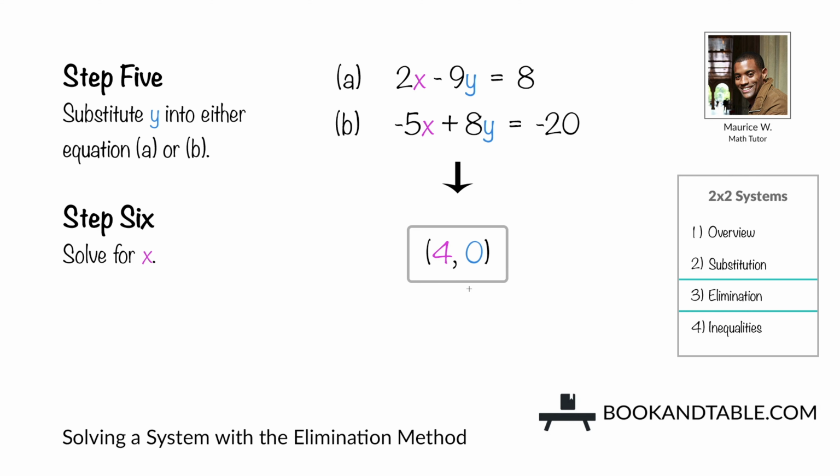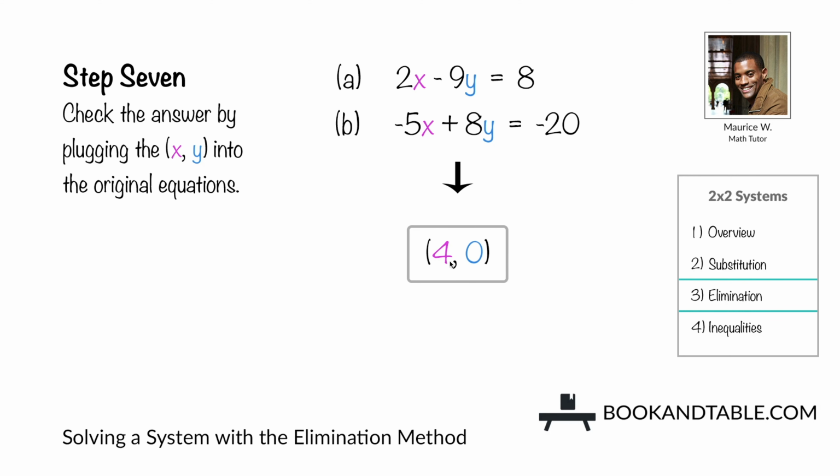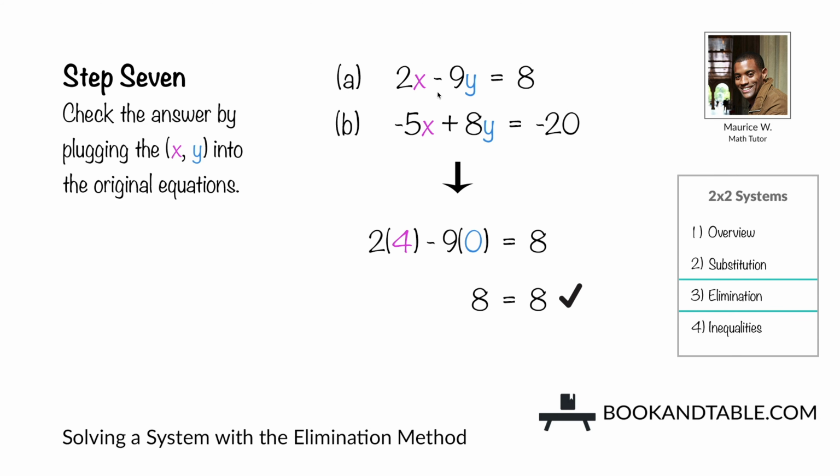And now you can check the answer by plugging the x and y into the original equations to confirm that x is equal to 4 and y is equal to 0 in both equations. Starting with equation A, 2 times 4 is equal to 8, minus 9 times 0, which is 0, is equal to 8. 8 is equal to 8 confirms that for equation A, x does equal 4 and y does equal 0.